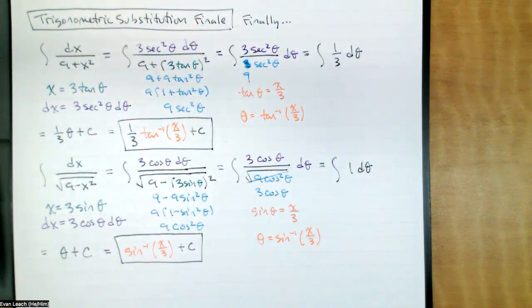Once again, we didn't need to do the triangle thing to figure out what cosine was because we didn't end up with cosine. Is everybody okay?